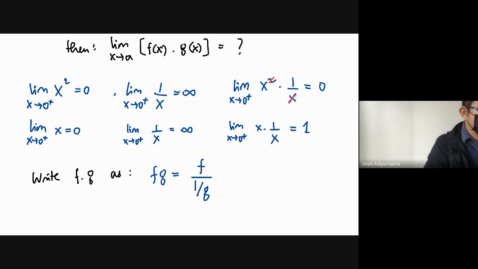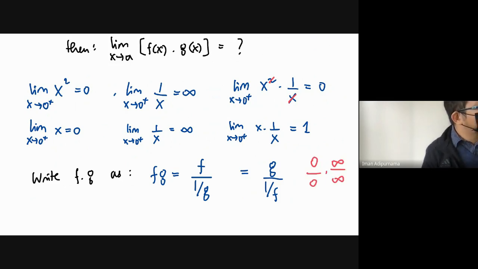We can write it like this, or we can also write it as this. So again, the solution is we are going back to 0 over 0 or infinite over infinite, and then we can apply L'Hopital's rule, okay, by doing that.